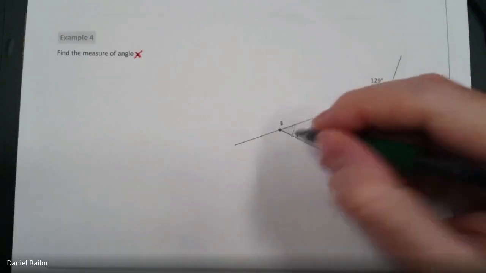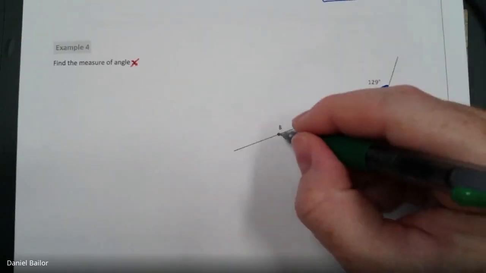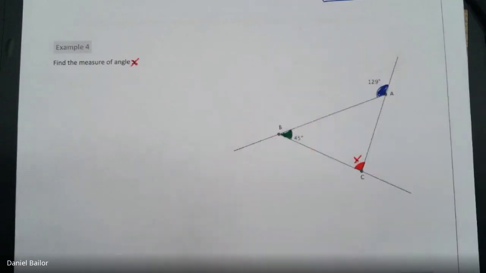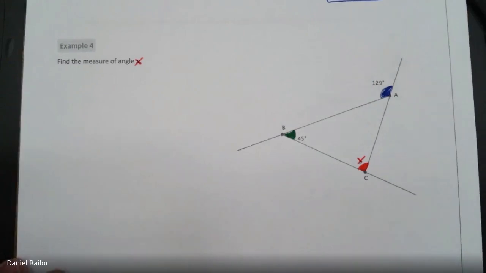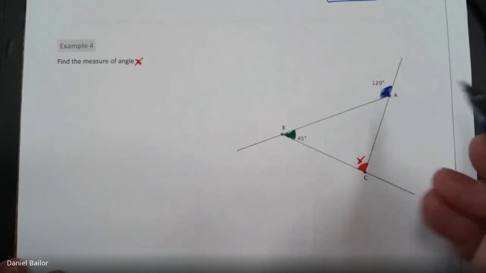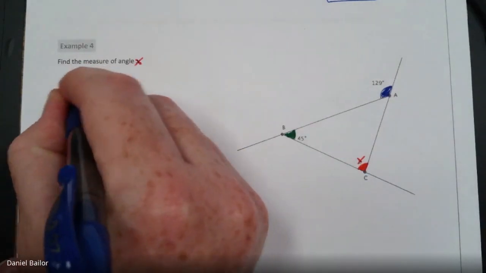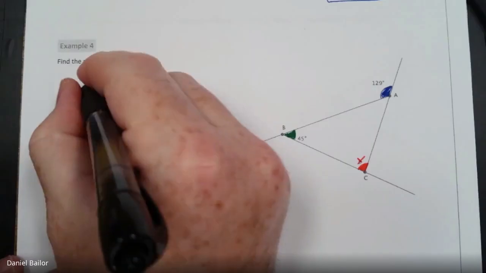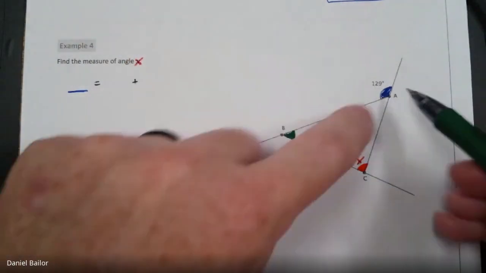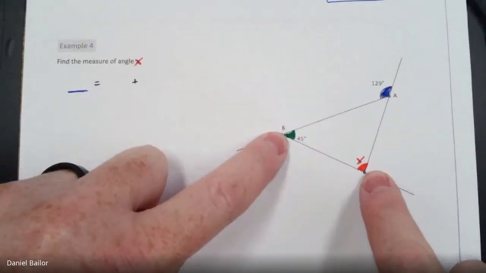What rule did we learn in this lesson that will help us find the red one? Well, remember, the rule is the shortcut way. Remember, the blue, the outside angle equals the two far away inside angles.